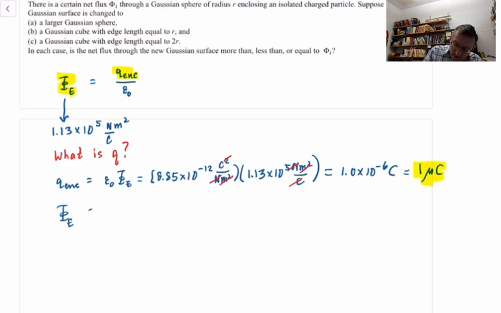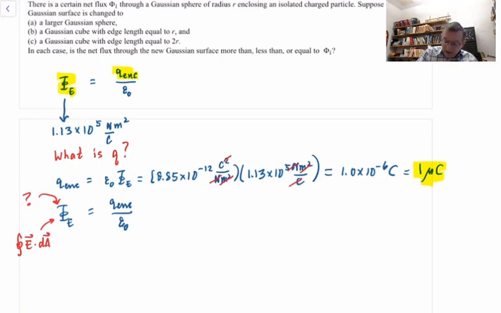Phi electric equals Q enclosed over epsilon 0. What I want to know is that value. Now I have two ways I could try to figure it out. I could do what I call brute force, by doing that integral of the electric field over the closed surface.